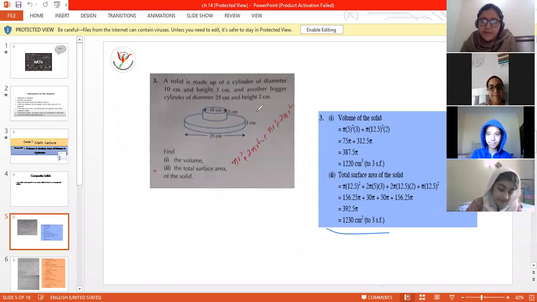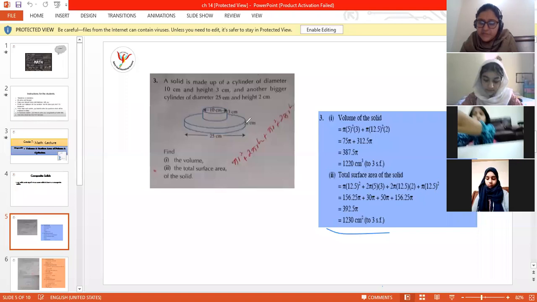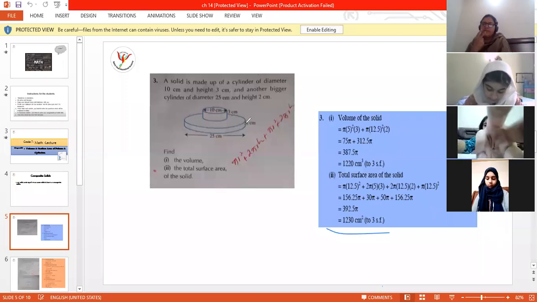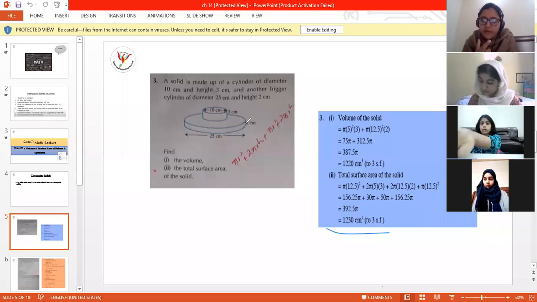And another big cylinder of diameter 25 centimeter and height 2 centimeter. The question is very simple: there are 2 cylinders, one is big, one is small. What you have to do is find the volume of this solid.